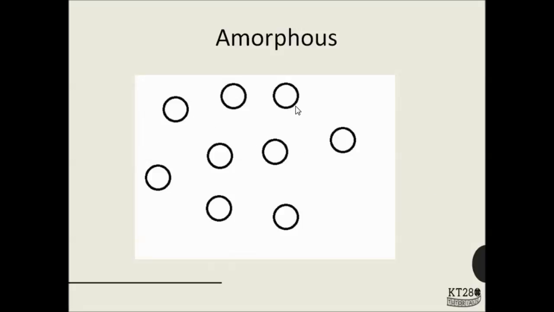You can see that the molecules will be arranged in any random order. From the name itself, morph means structure, and amorph means no structure, and hence we call this solid an amorphous solid.